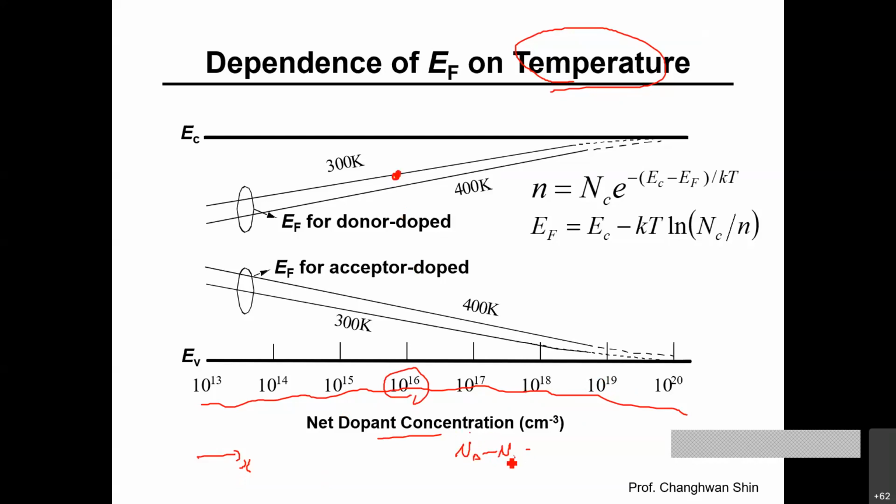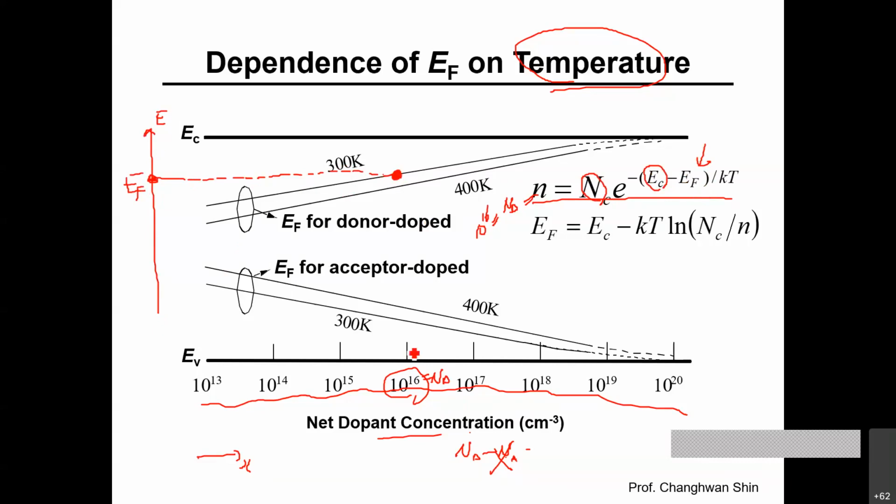So N sub D is higher than N sub A, so that is N sub D. Then using this equation, you can plug in the 10 to the 16 here, and you know this number, and you know the position of the conduction band edge, then you can solve this equation for E sub F. Then you're gonna get this point because this y-axis indicates energy. So this point is matching to the Fermi energy level.